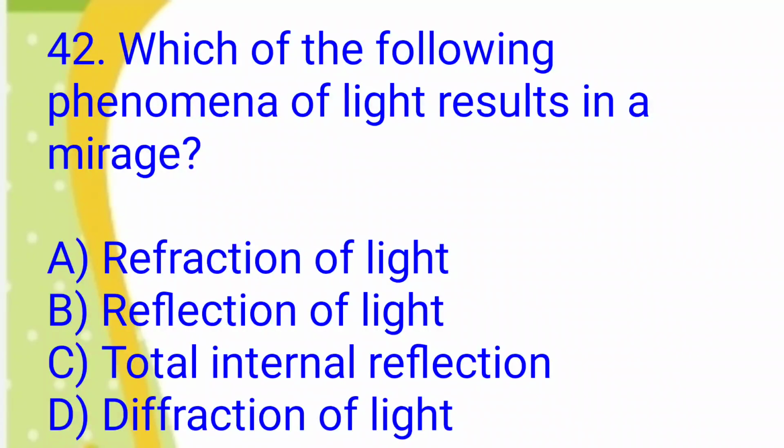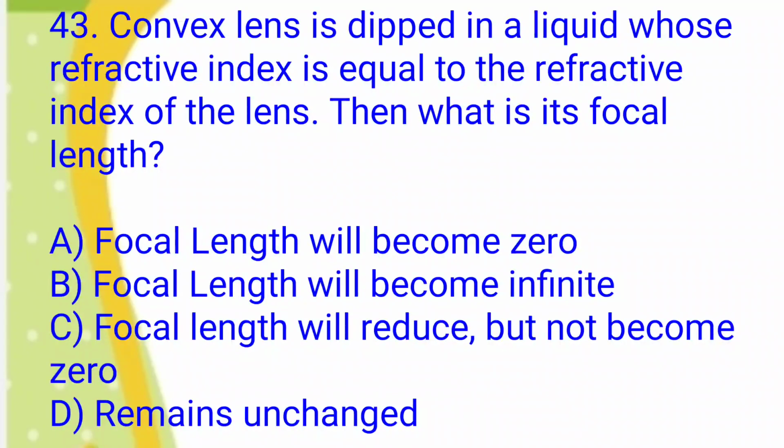Which of the following phenomena of light results in a mirage? Refraction of light is the correct option. A convex lens is dipped into a liquid whose refractive index is equal to the refractive index of the lens, then what is its focal length? Option C, focal length will reduce but not become 0.